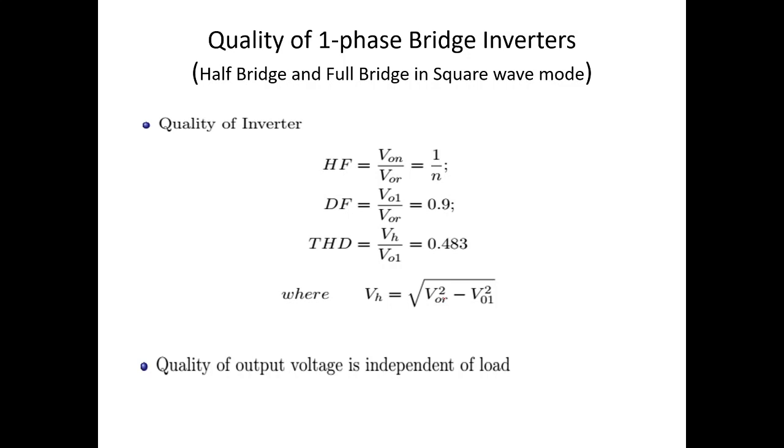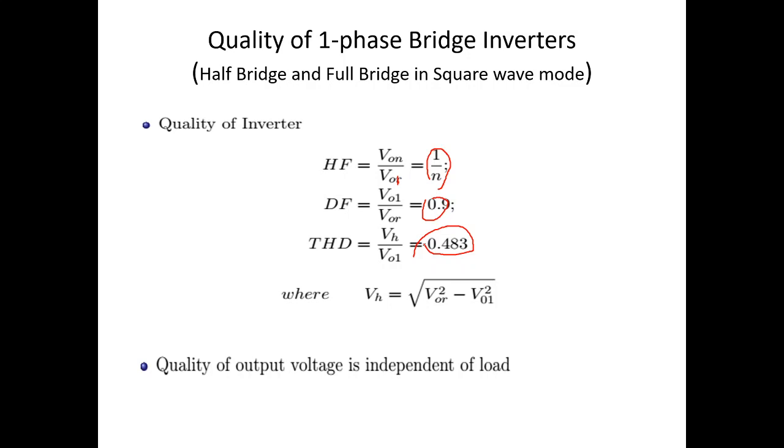Using those formulas, the harmonic factor is equal to 1 by n, the distortion factor is equal to 0.9, and the total harmonic distortion is equal to 0.483, which is 48.3% for the single phase bridge inverter. How do you find the harmonic voltage? It is equal to the square root of the total RMS voltage squared minus the fundamental RMS voltage squared.